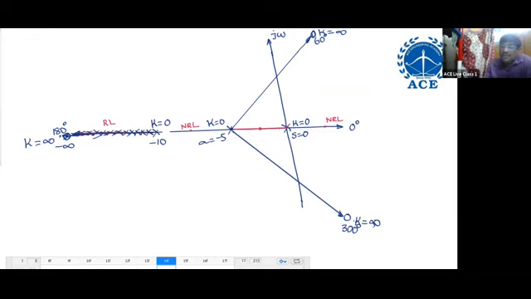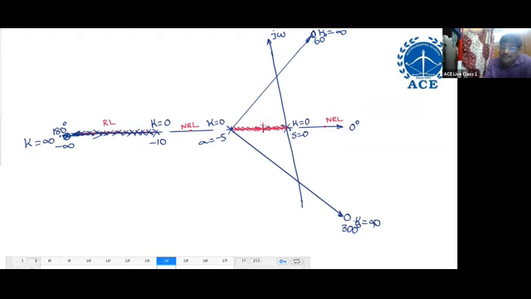Next, 2 poles and 2 zeros are there. Now, as k increases, this pole cannot move to the left and this pole cannot move to the right, because on this side no branch, on this side no branch. As k increases, these 2 poles should move in opposite directions.